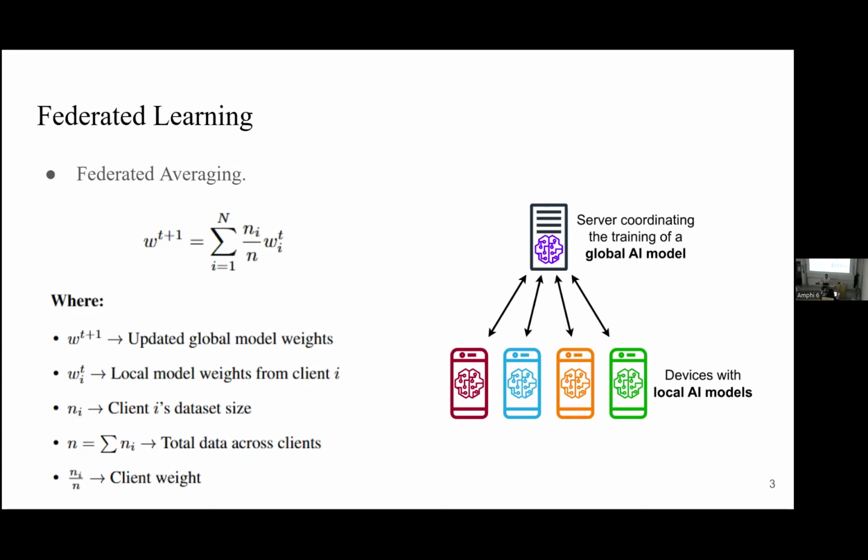Then we do this averaging and say, okay, our global neural network is trained. Yes, the weights are the weights of the AI model, the data sets are distributed, and you do an averaging of the weights.